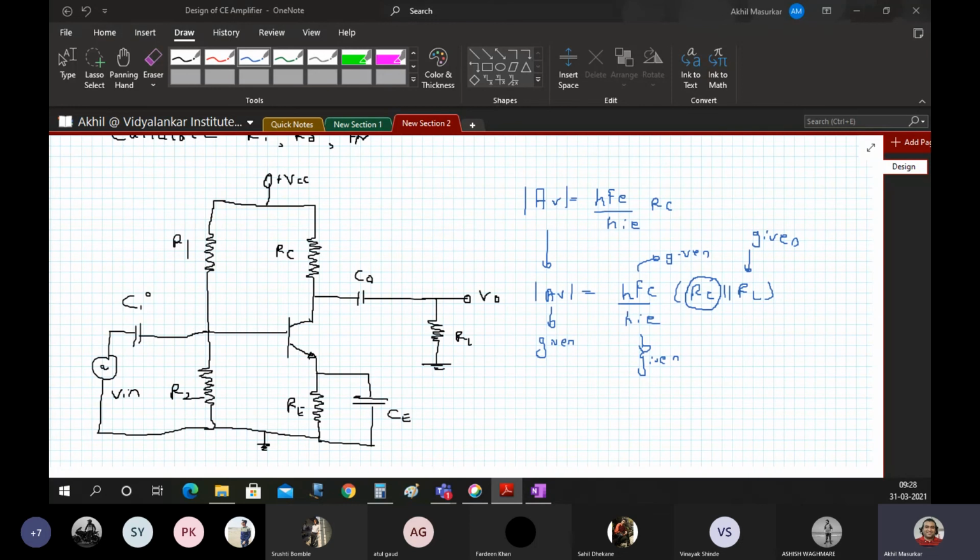And here you don't have to do any calculation of the Q point, it is not very tough, because ICQ is already given to you, so you need not calculate ICQ, and VCEQ will be VCC by 2, so VCC is given, divided by 2, so the Q point is ready made for you.